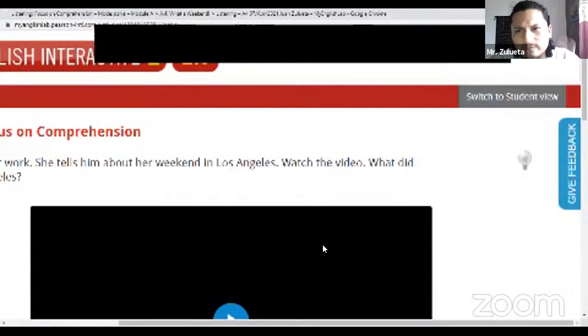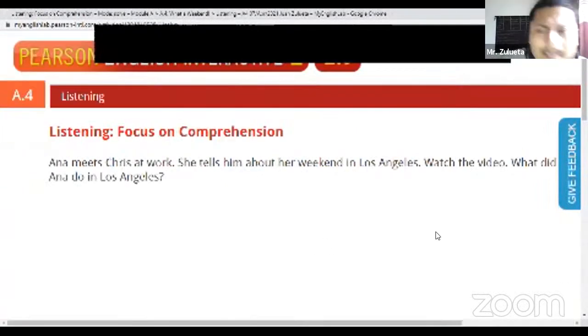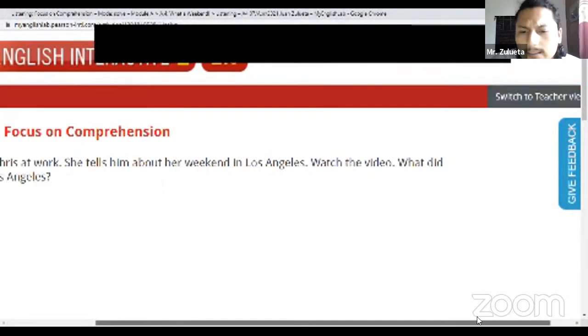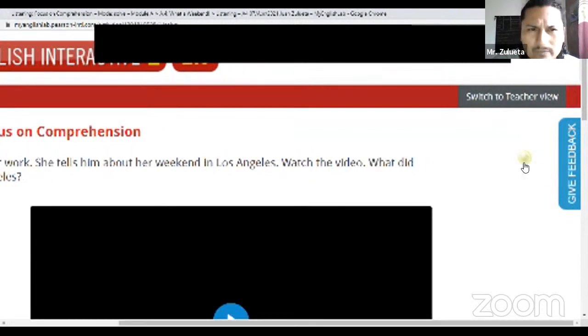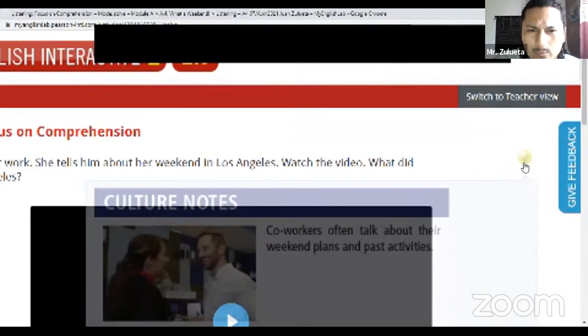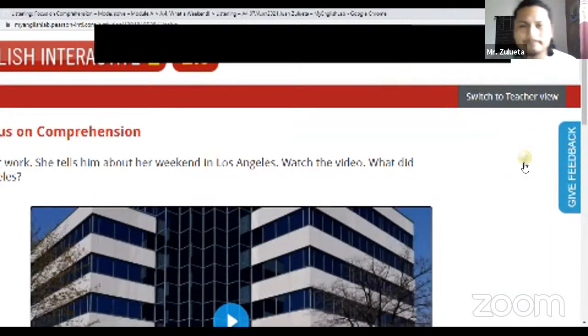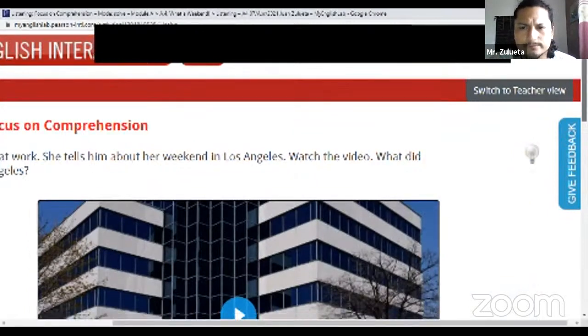Et voila. Before we begin, let's read this one. The cultural note. What should we know before we begin?